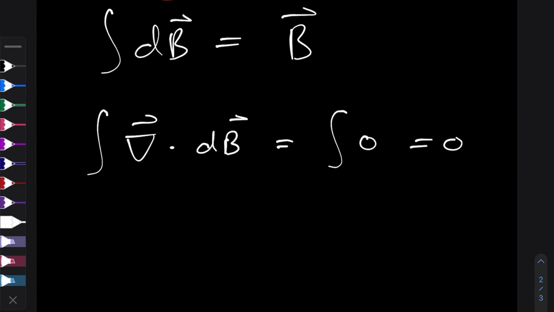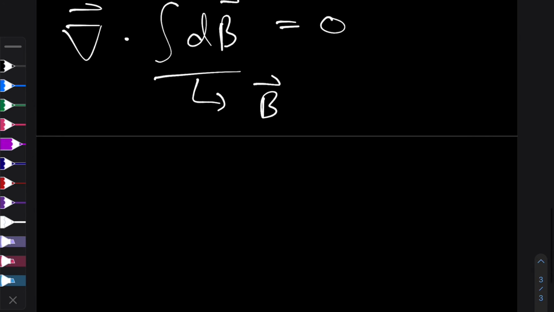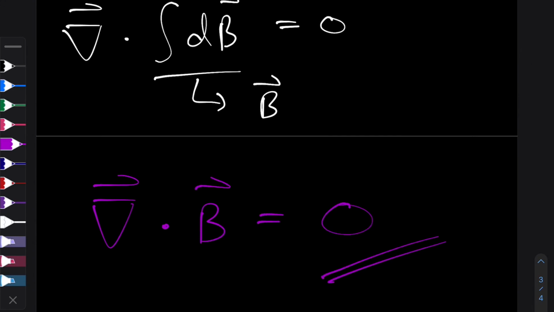So if we take the Riemann sum approach to integrals, it's sort of the same idea as how the sum of a bunch of divergences is equal to the divergence of that sum. So we can write this as the divergence of the integral of dB is equal to 0. We know what this is. This is just B. So we now have Maxwell's second equation, which tells us that the divergence of any magnetic field is always 0 at all points in the field.